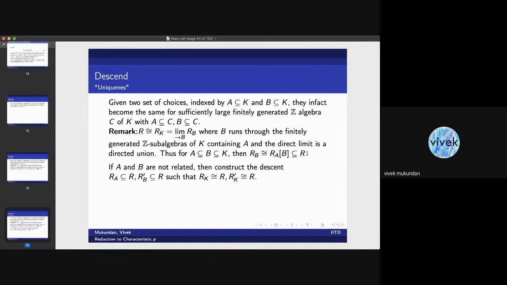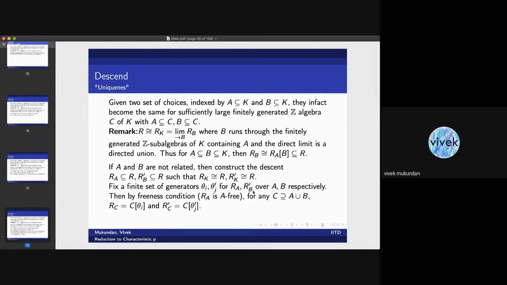So if A and B are not related, construct their respective descents, R_A contained in R and R_B prime contained in R, such that R_K is R and R_K prime is also R. And fix finite sets of generators theta_i for R_A and theta_j prime for R_B prime over A and B respectively.